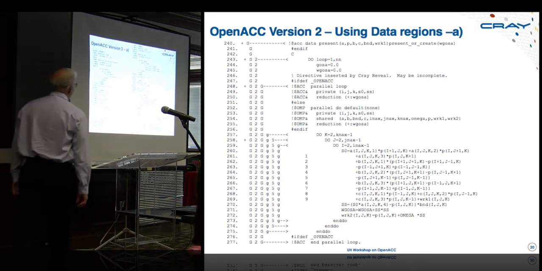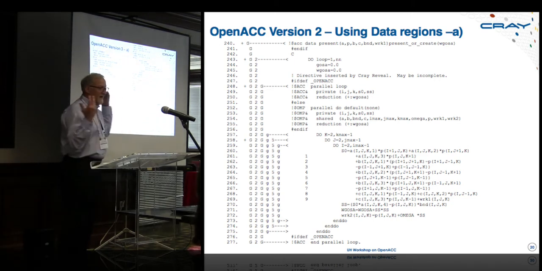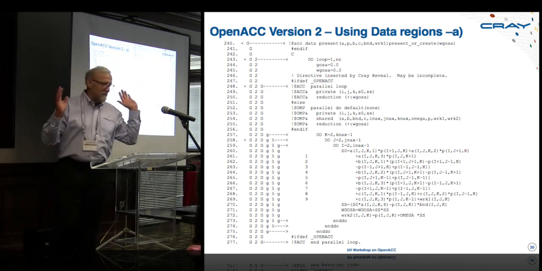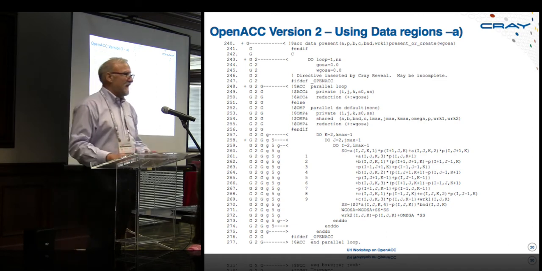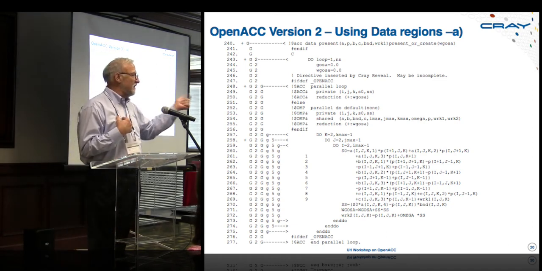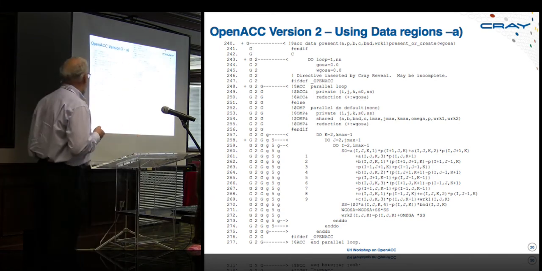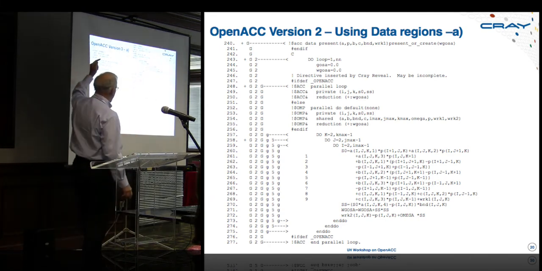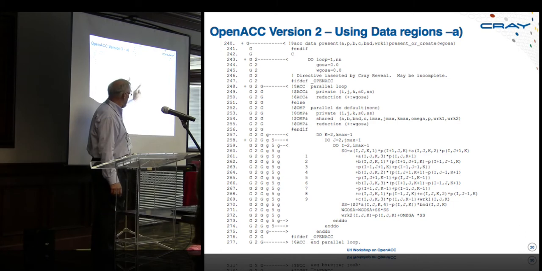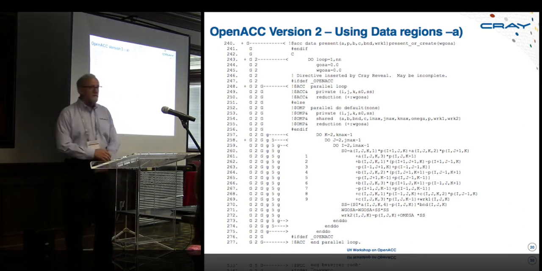Okay. So the problem is I have 6 neighbors, and I have to exchange a halo with each of my neighbors. And so I have to pack up all of these buffers. I then update the host with those buffers.